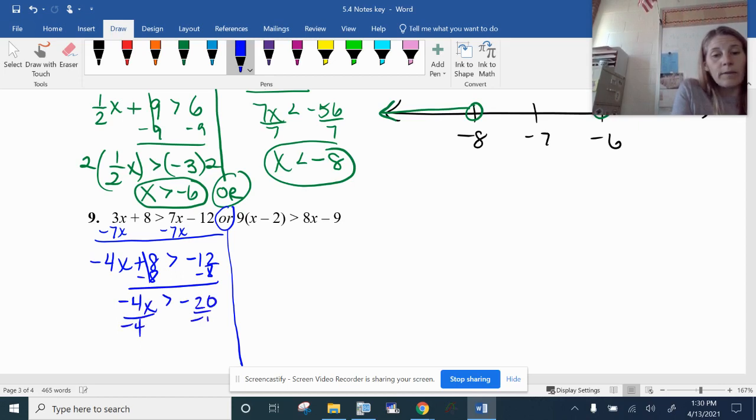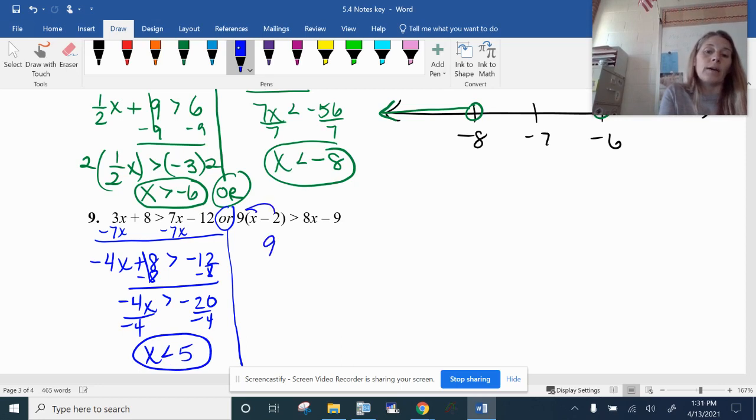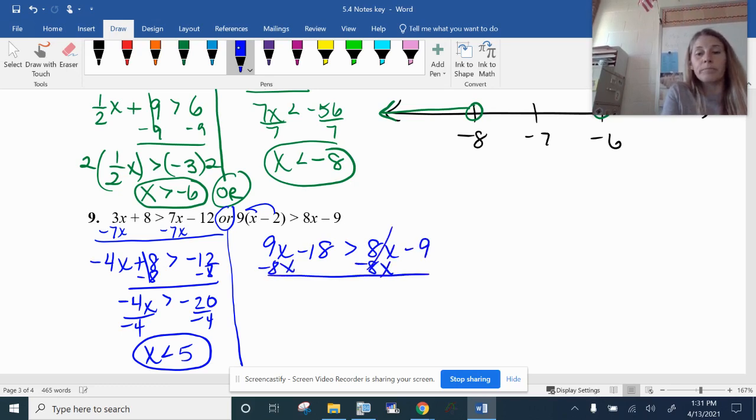I now have to divide by negative 4, which is going to flip my inequality sign and give me x is less than 5. On the other side of the problem, I have 9x minus 18. I'm going to subtract my 8x over to the left, giving me x minus 18 is greater than negative 9, adding my 18. So x is greater than 9.